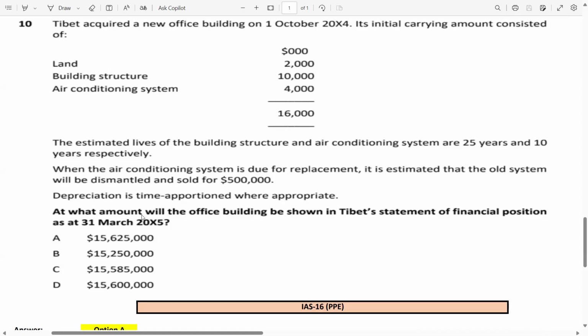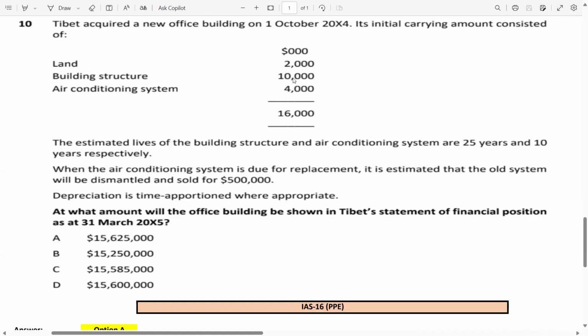At what amount will the office building be shown in Tibet's statement of financial position as at 31st March 2005? You acquired it on 1st October 2004, so from 1st October to 31st March it becomes 6 months. Land will directly go in the SOFP at 2,000.